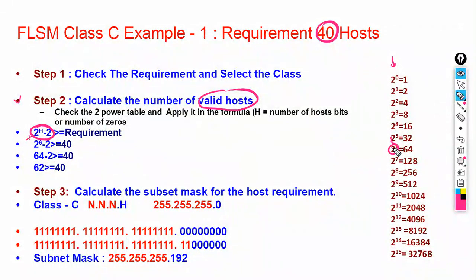We apply it to the formula: 2 power 6 minus 2, 64 minus 2, and we will get 62 valid IP addresses. And it should be greater than or equal to our requirement. So guys, 62 valid IP addresses, is it greater than our requirement or not? Yes. So we can go with 2 power 6. This is our second step.